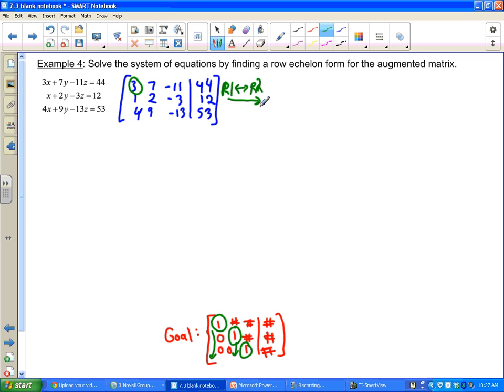The notation to do this is we write row 1 and then we put a double-sided arrow, and then row 2, because we're telling whoever's looking at this that I switched rows 1 and 2. So I'm going to write 1, 2, -3, 12, and then now I write this row, 3, 7, -11, 44, and the third row I didn't change, so I leave it alone.